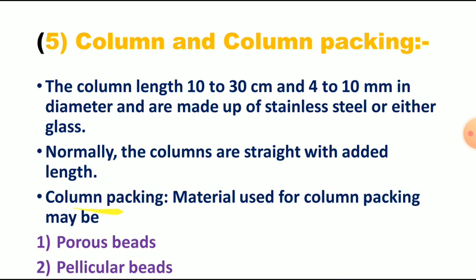Then for making the stationary phase we have to use different types of material. Two types of material are used: the porous bed material and the pellicular bed material. Now we will see these two in detail.